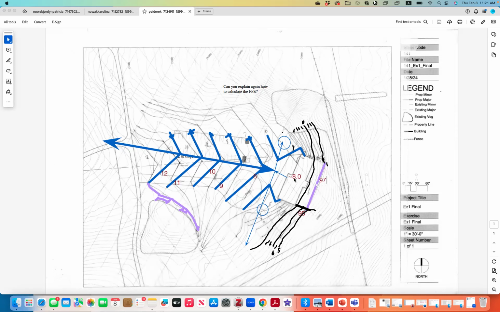So 96 here, 97 here, and then 96 needs to hit the wall because your 96 is hitting the wall upper there. And then your 95, same thing, 95 probably needs to hit the wall again.